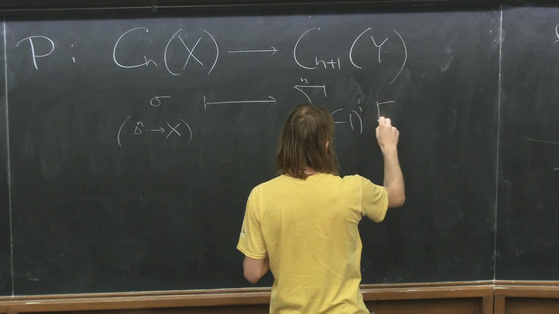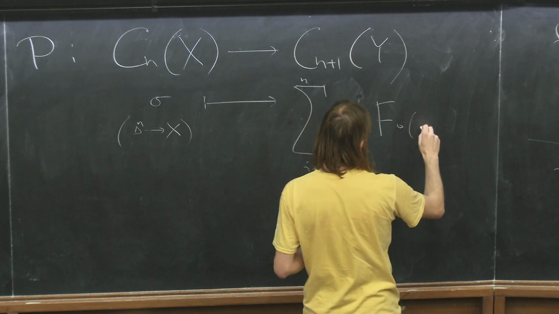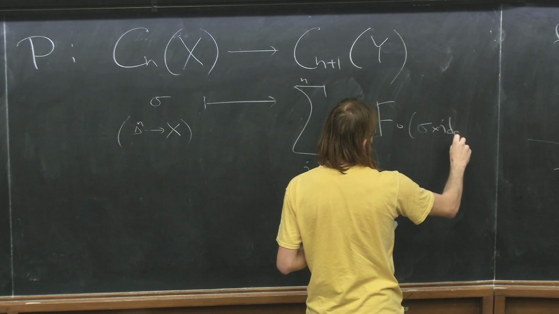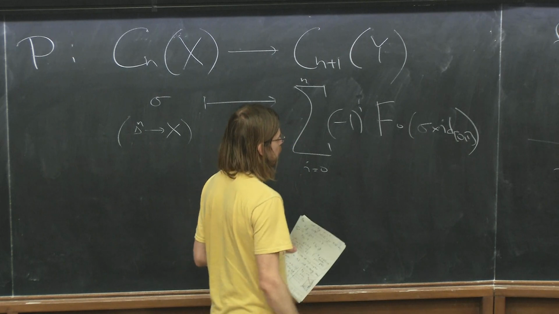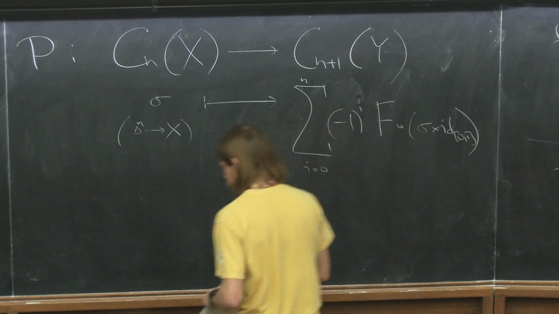and here we consider a composition of F with sigma times the identity map on the interval.